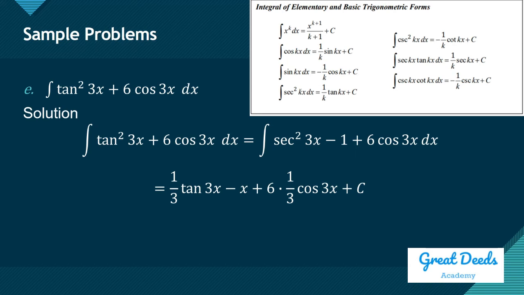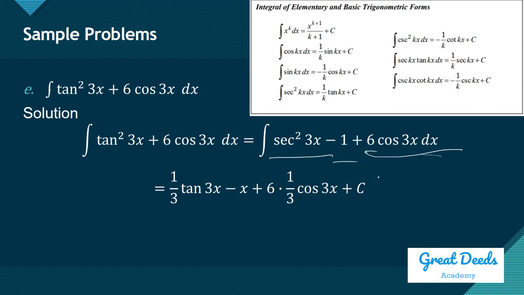Now, what is the integral of the square of secant of 3x dx? It's there in your list. It's 1/3 tangent of 3 times x. What is the integral of 1 dx? It's just x. Okay, so what is the integral of 6 times cosine of 3x dx? So you just copy 6.